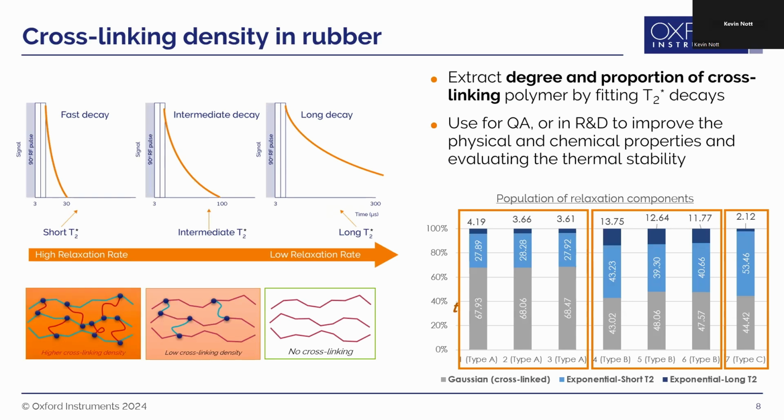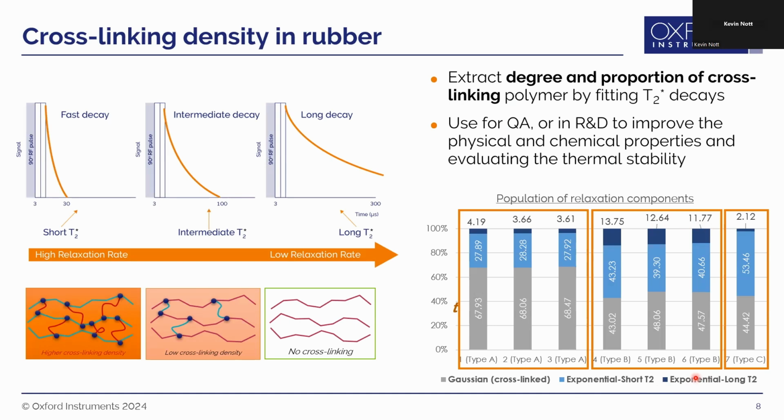In this example, we used the solid echo to identify three components: high in the gray, intermediate in light blue, and low cross-linking density in the dark blue. You can see that samples A, B, and C alongside here are distinguished by the proportion of these three components, which can be used to optimize or maintain their physical properties.